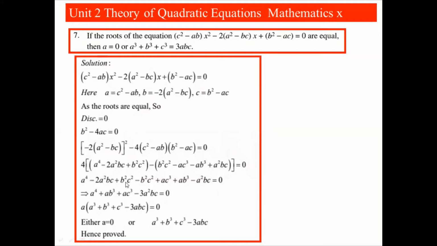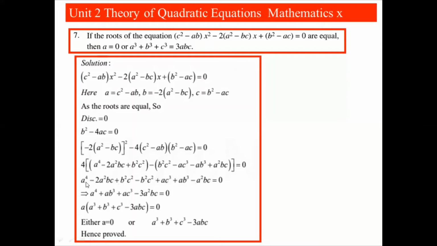Here we have plus b square c square and here minus b square c square, so these cancel out. Here we have minus 2a square bc and minus a square bc. So we write this as minus 2 and minus 1, we have minus 3a square bc.